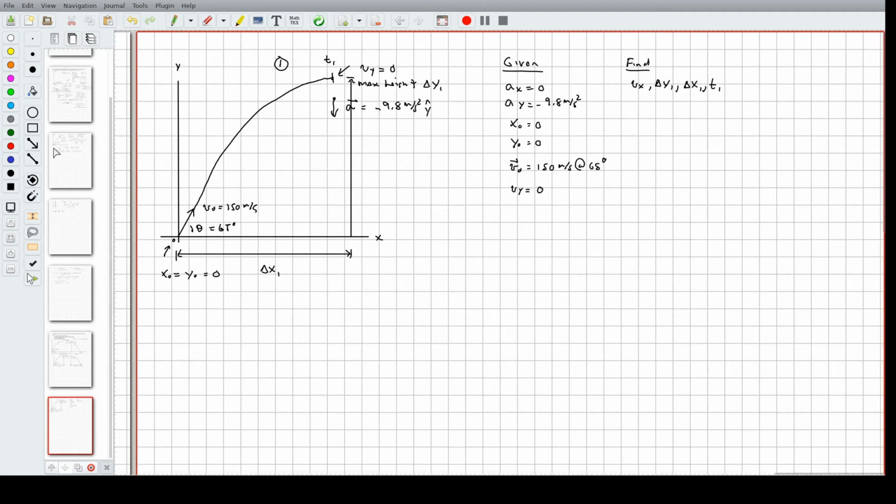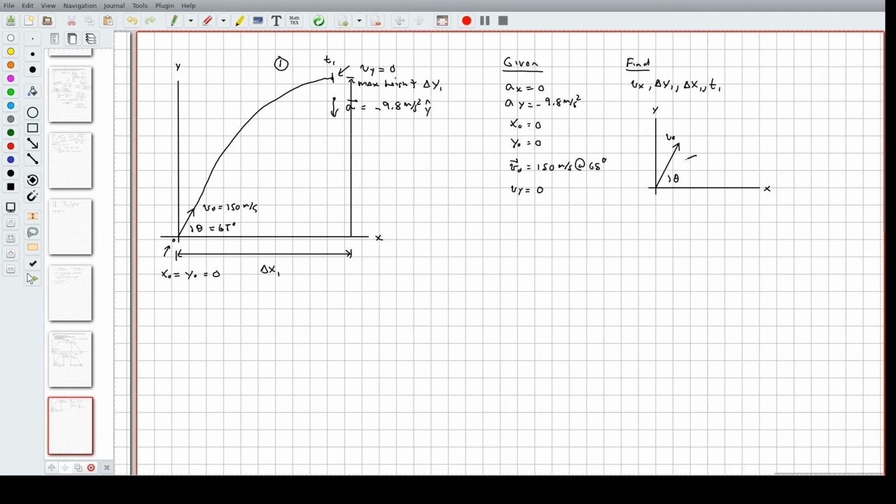Now, so that said, let's go ahead and break our initial velocity up into pieces. We're going to draw a little coordinate system here. We'll draw it like this. Let's put our little vector here, like that. So this would be y, this would be x, this is theta, this is v naught in length.